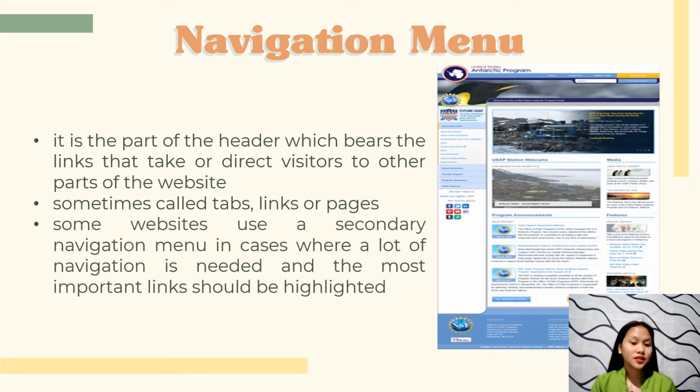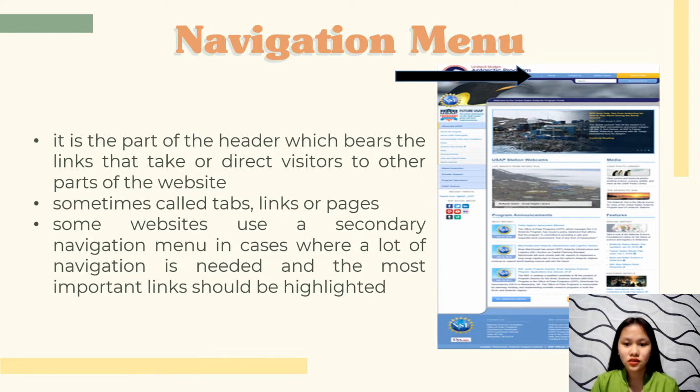Some websites use a second navigation menu in cases where a lot of navigation is needed and the most important link should be highlighted. The navigation menu is located in here. As you can see, there is a navigation menu or the links or tabs.